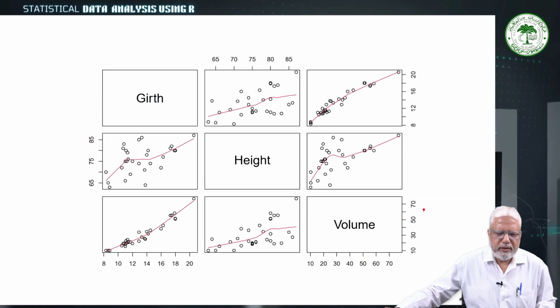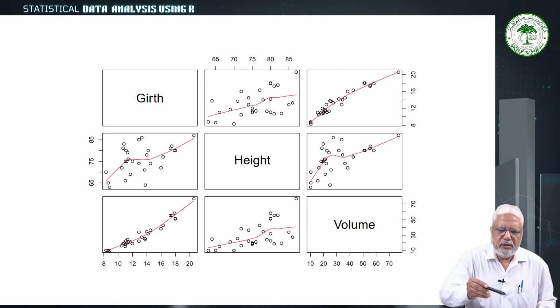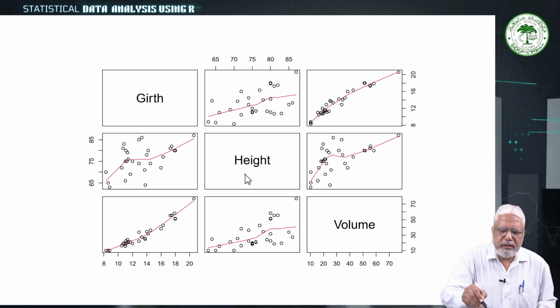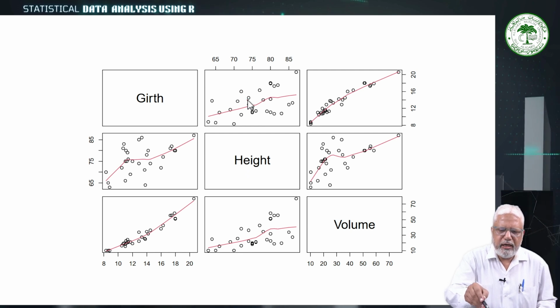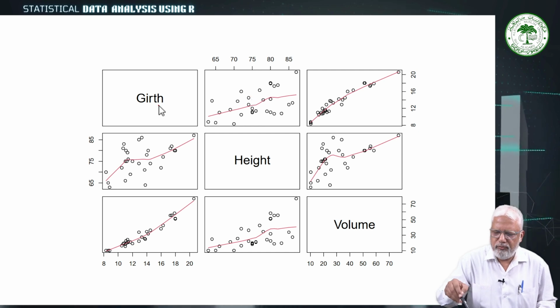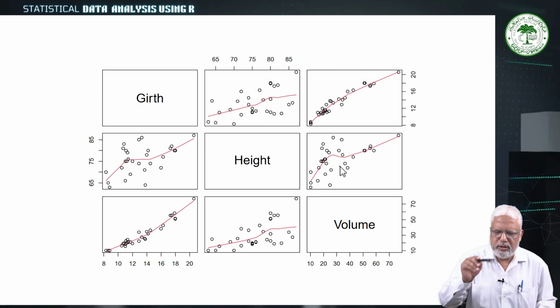Here these are the panels. See here, this is the girth and this is the height. So this scatter plot between girth and height is this one. Similarly, between girth and volume it is this one. Between height and volume it is this one.